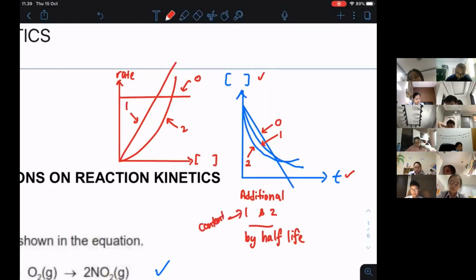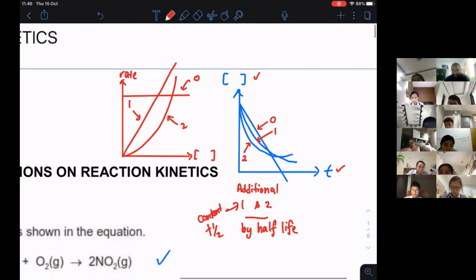For second order reaction, the half-life is going to decrease. If it is zero order, the half-life is going to increase. But if it is constant, then it's first order.